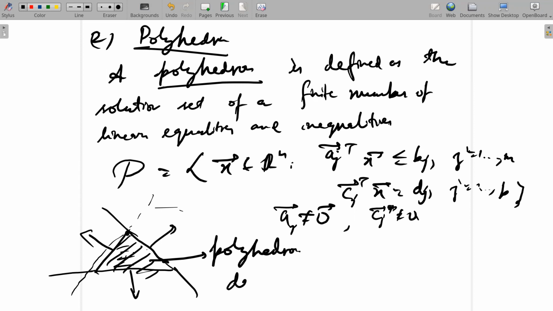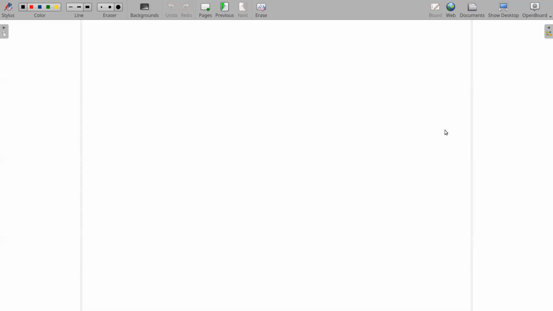For a pentagon, you might need 5 linear inequalities and so on.